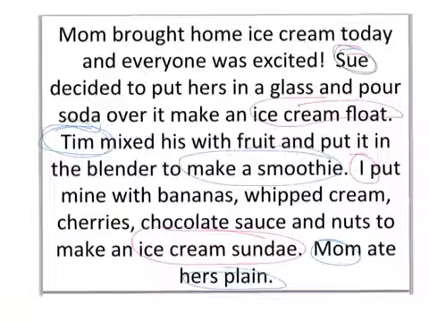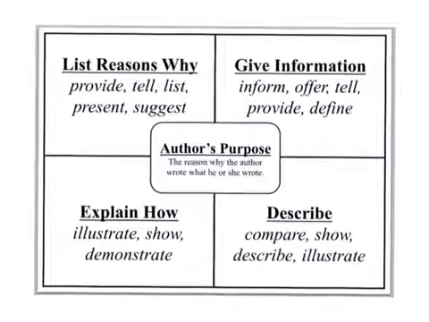Sue, Tim, myself, and Mom. And we're all making ice cream in different ways. We're all using our ice cream in different ways. So let's see if we can take a look at our author's purpose chart to see what it would best go with. Okay, so when I look at it, I saw there were several people, so it went for the category of compare or describe.